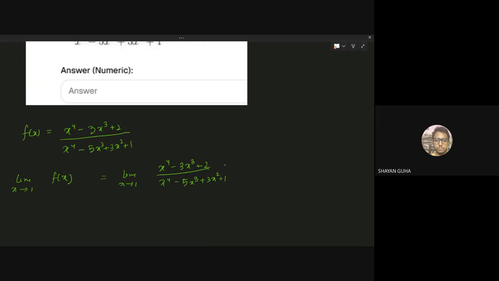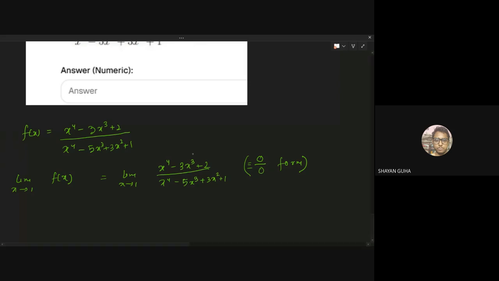Just set the value of x as 1 in your head. You can easily see that when I put x equals 1 I will get 1 minus 3 plus 2, so this will give me 0. And the denominator will be 1 minus 5 plus 3 plus 1, obviously 0. So this stands for 0 by 0 form.